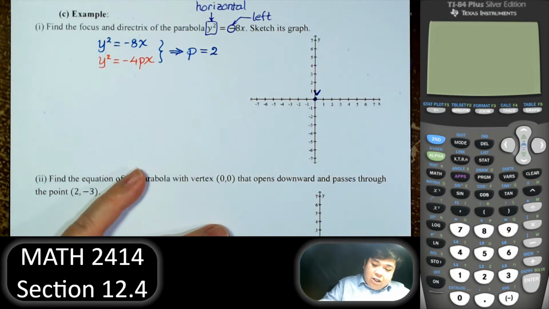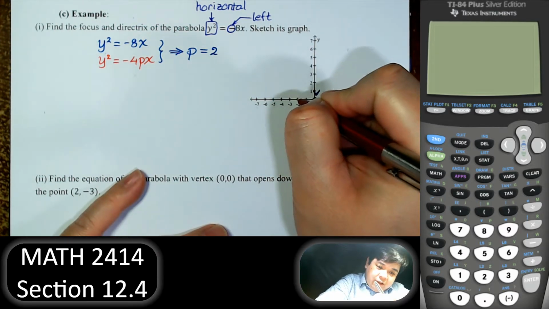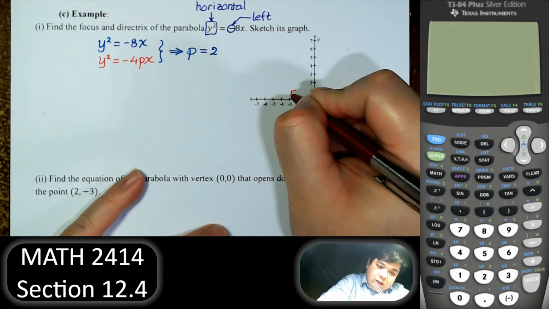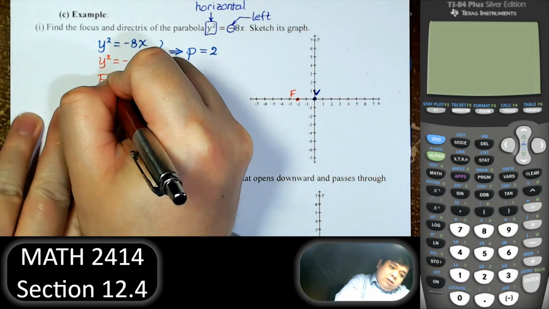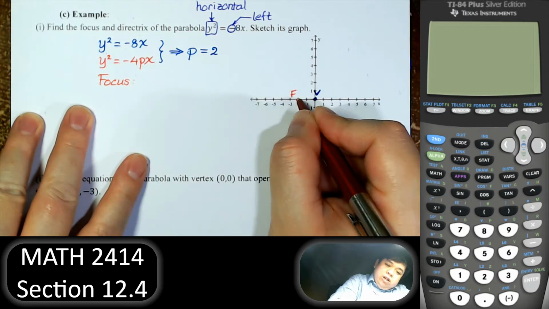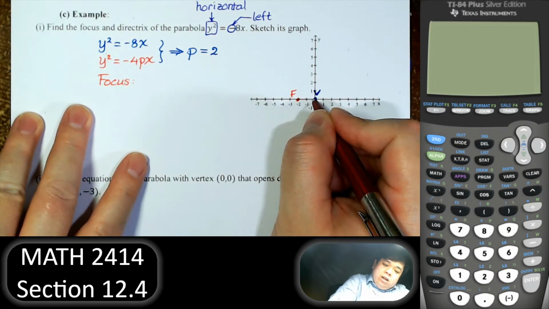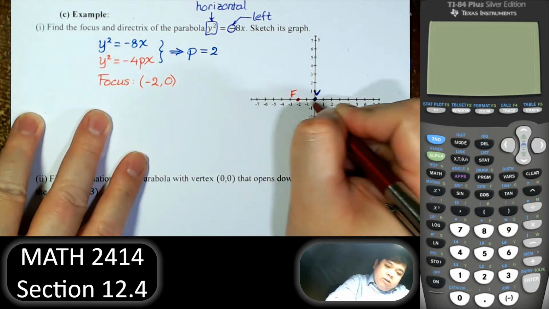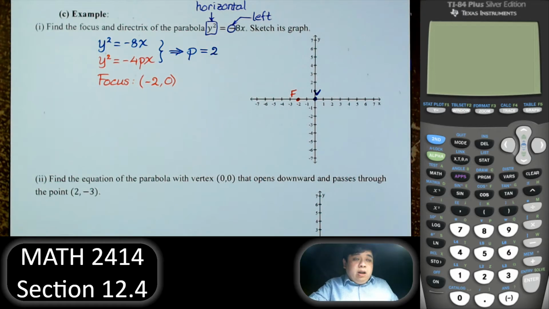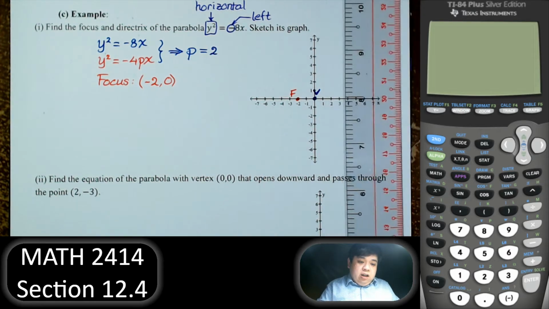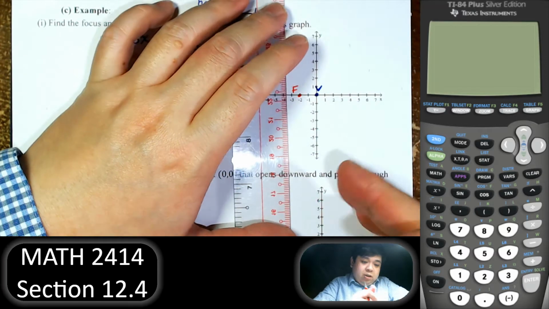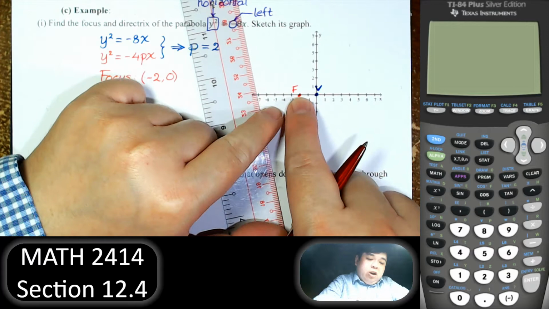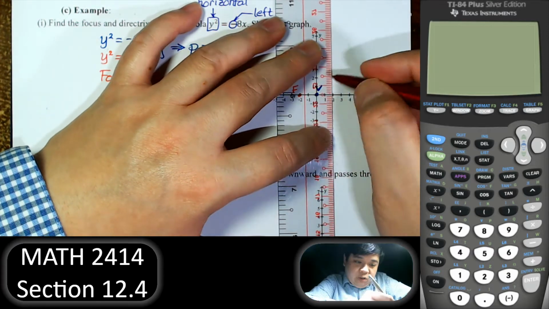So the distance is 2, so we go 2 units to the left, and that is the focus. 2 units to the left from that point, which means x equal to -2 and y equal to 0. The directrix is the line in the opposite direction from the focus, so we go 2 to the left for the focus and 2 to the right for the directrix.